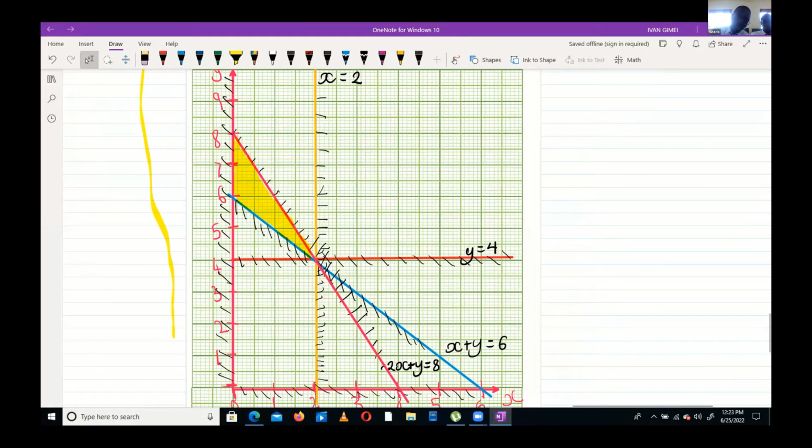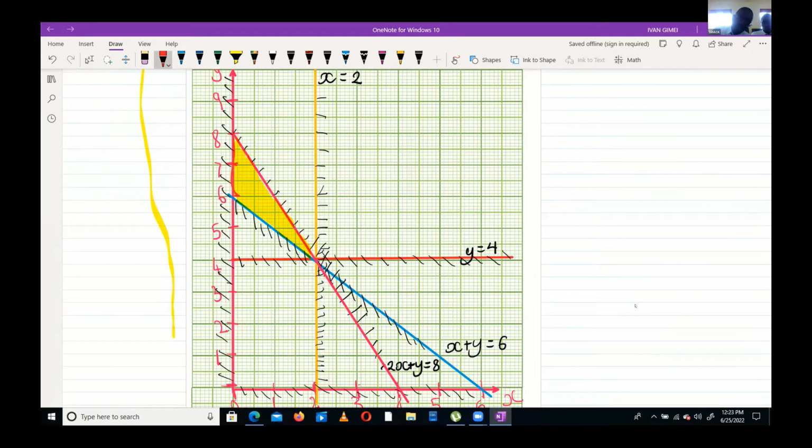By whole points, I mean 1, 2, and basically no point with a decimal. So here let's go into our graph. Any point that's within this feasible region that has no decimal will comply with what they want.